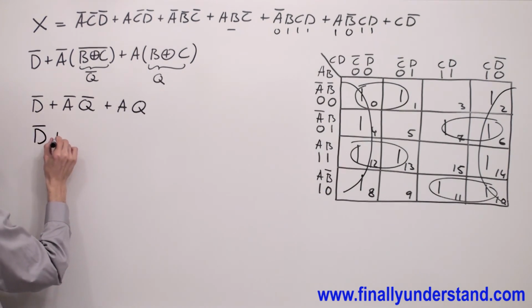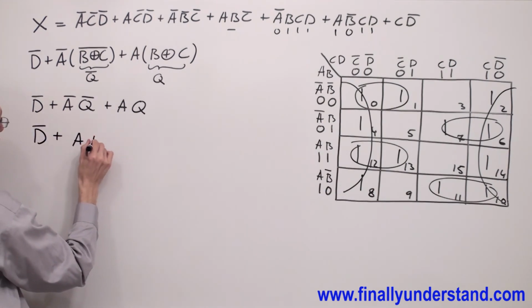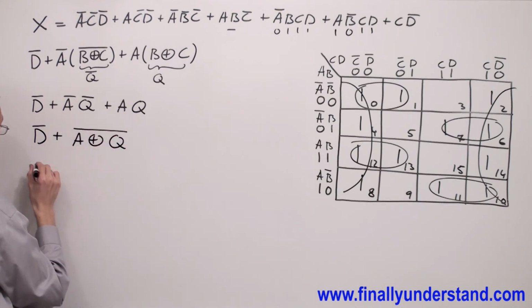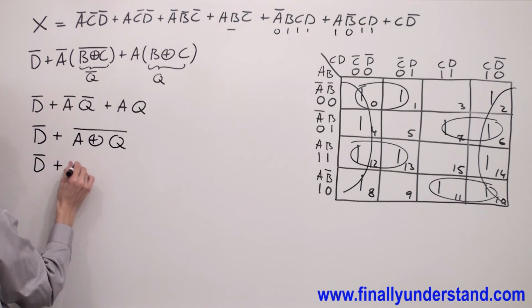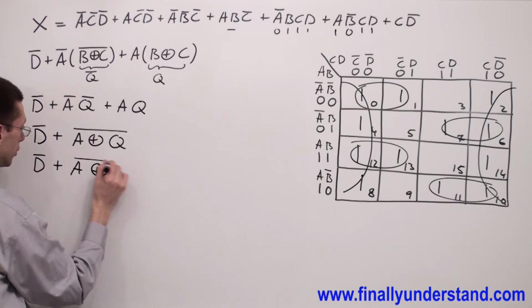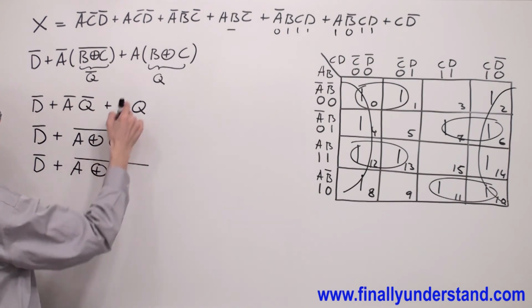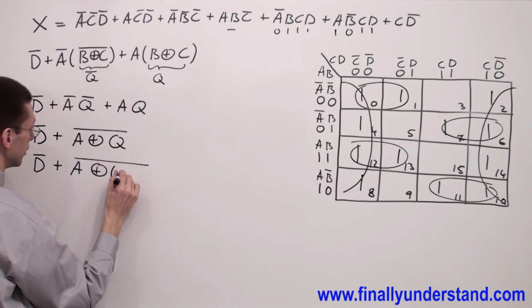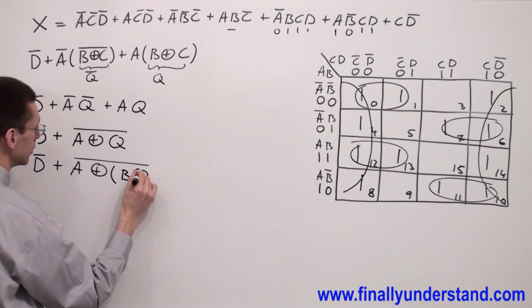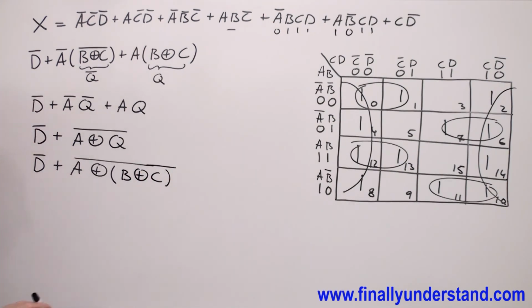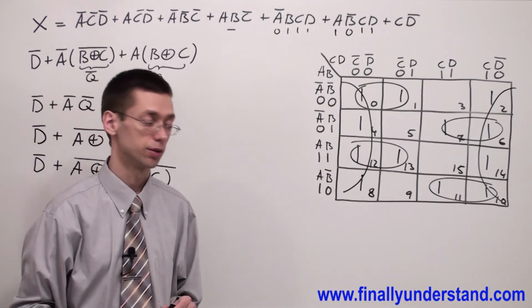D naught or A exclusive NOR with Q. This is D naught or A exclusive NOR, and Q is B exclusive OR C. B exclusive OR C. This is my simplest Boolean expression.